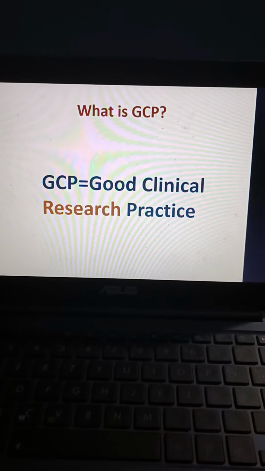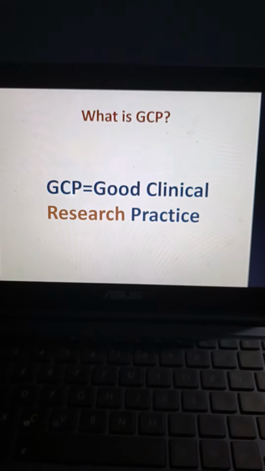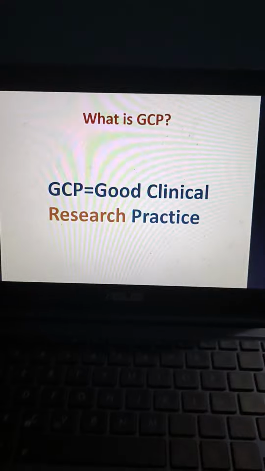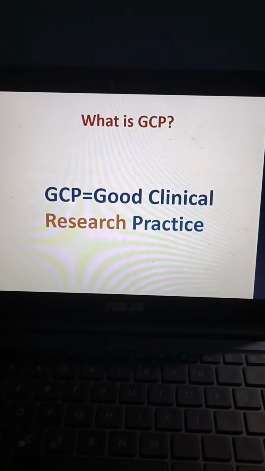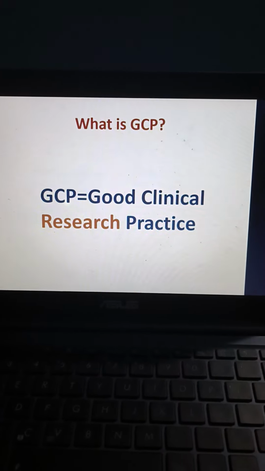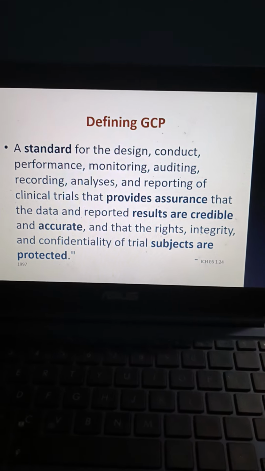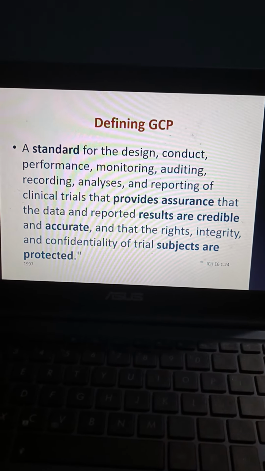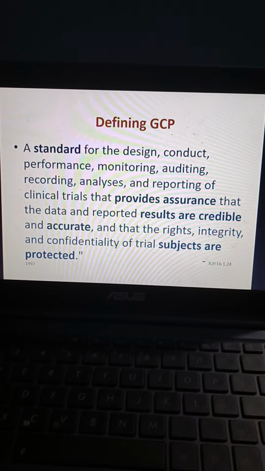What is GCP? GCP, that is good clinical practice, but actually that is good clinical research practice.